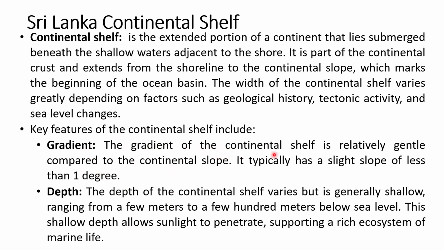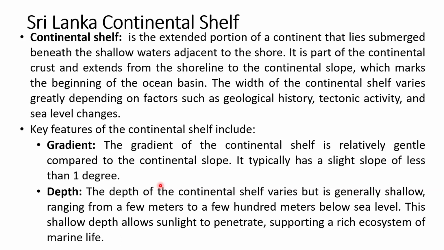The gradient of the continental shelf is relatively gentle compared to the continental slope. It typically has a slight slope of less than 1 degree. You can imagine this gradient of 1 degree may change sometimes, maybe within, let's say, 500 meters.